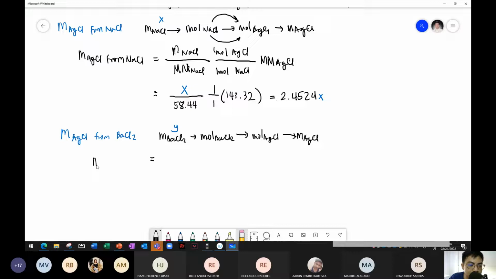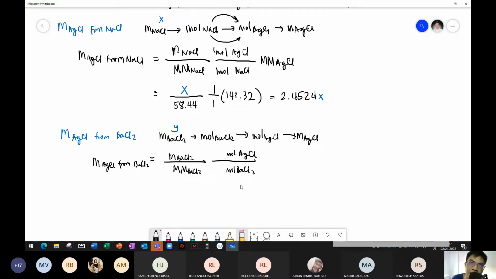Okay. And just like earlier, gagayahin lang din natin yan. Okay. So just copy everything. Mass barium chloride, molar mass barium chloride, and then ito, stoichiometric factor. Siyempre, nasa baba yung barium chloride, nasa taas yung AgCl.